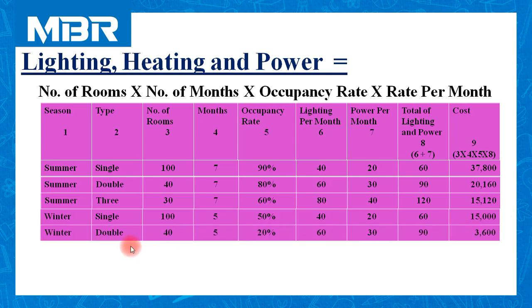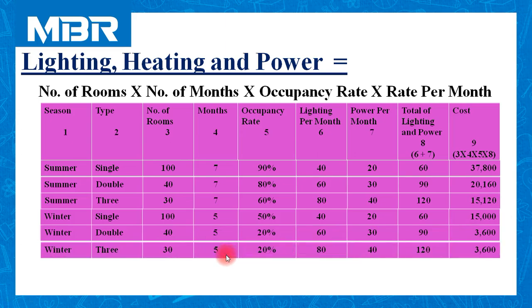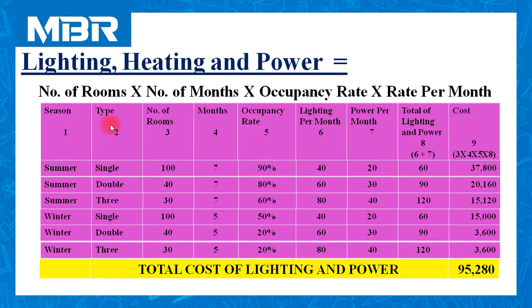Calculate for double, it will be 3,600 and 3-room suites, it is rupees 3,600. In this way, the total cost incurred on lighting and power for this hotel is rupees 95,280.